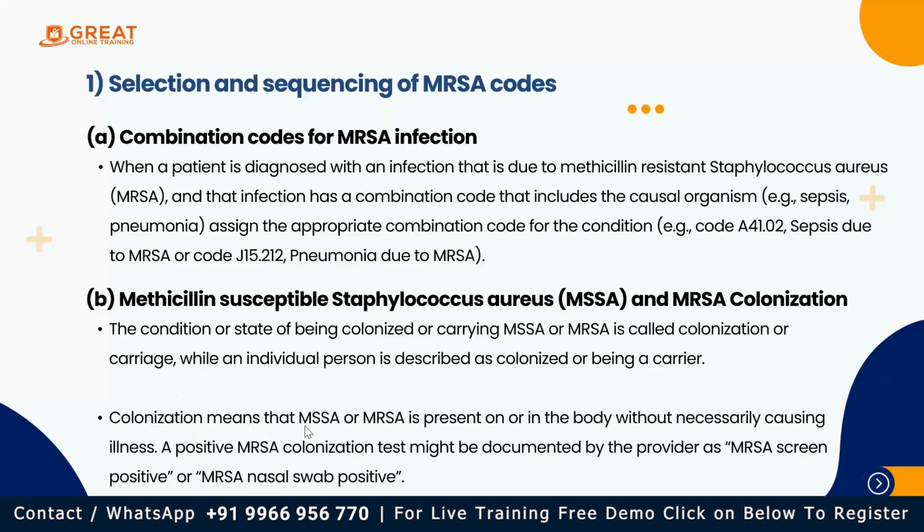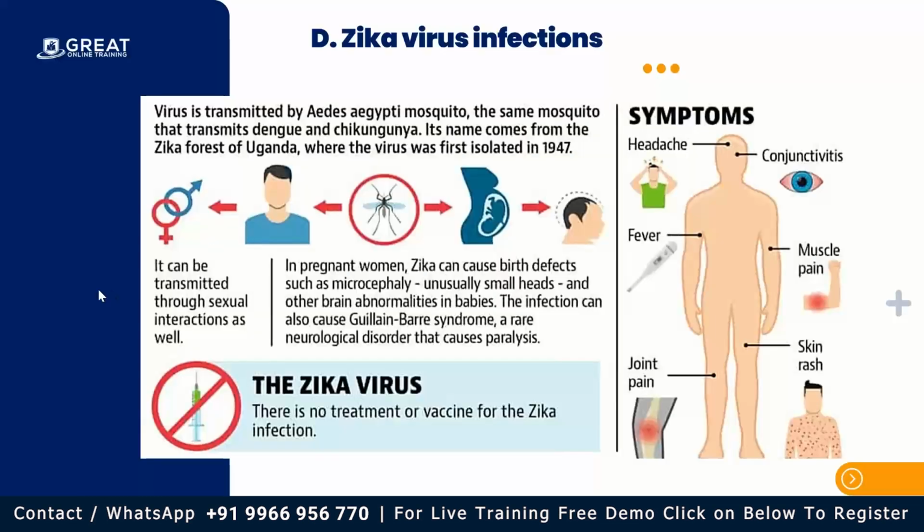Colonization means that MSSA or MRSA is present on or in the body without necessarily causing illness. A positive MRSA colonization test might be documented by the provider as MRSA screen positive or MRSA nasal swab positive. There are no such other guidelines in MRSA, we just have to use the combination code whenever it is available.